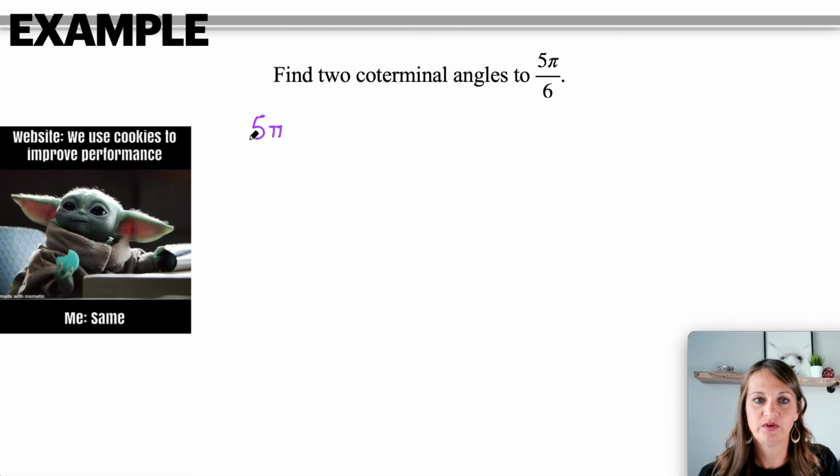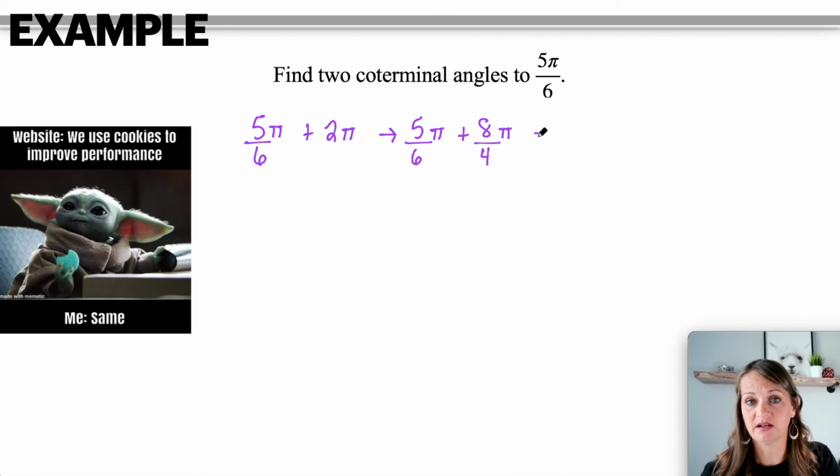Okay, so if we look at this as 5/6 pi and we were to add 2 pi, with a common denominator of 6, that would be 12, because 12 over 6 is 2, and you would have gotten 17 pi over 6.